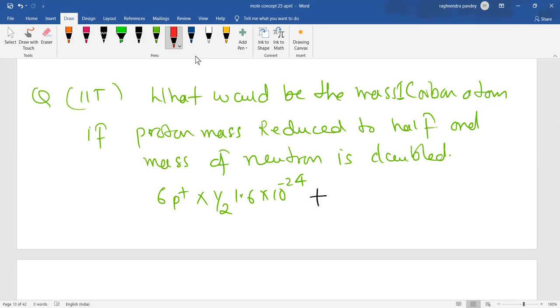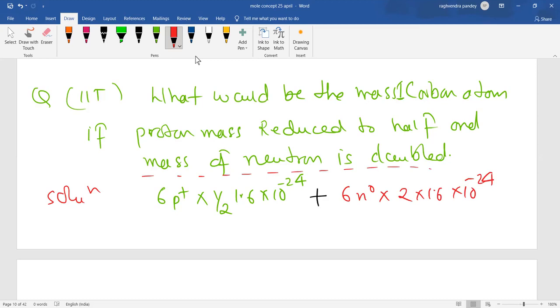Okay, so that is the solution. 6 neutrons, and it is doubled, 2 into 1.6 into 10 to the power minus 24. So you can take 6 common.